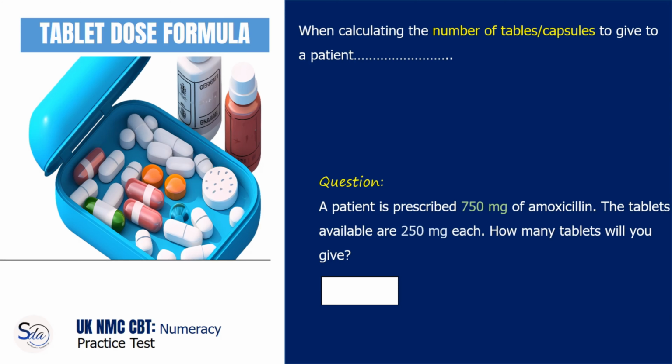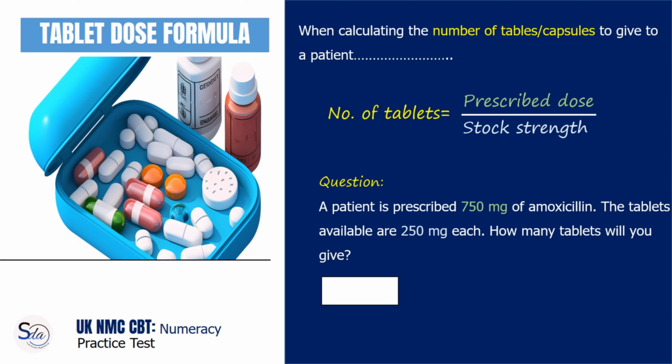When you look on the board, there are a couple of things I would want us to look at. To be able to calculate for a drug, a tablet or a capsule, you've got to use the right formula. As you can see, the formula here is: number of tablets is equal to prescribed dose divided by stock strength. Now you'll be asking, what is the prescribed dose and what is stock strength?